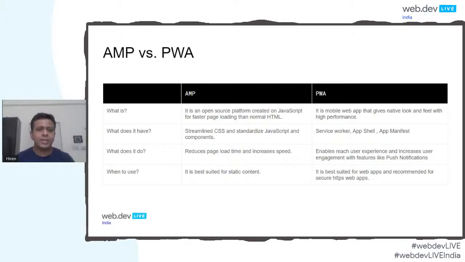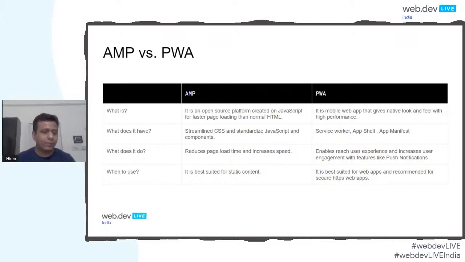AMP has streamlined CSS, standardized JavaScript and components, whereas PWA is created of service worker, app shell, and app manifest. What does AMP do? AMP reduces your page load time and increases the speed. On the other side, PWA enables a rich user experience and increases user engagement with features like push notifications.